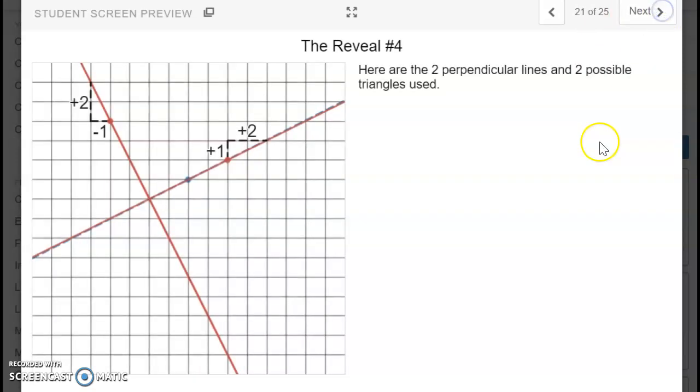Let's try that. I was spot on. Here are the two perpendicular lines and two possible triangles used. See, going from this point to that, I went to the left by 1, up by 2, so it's -1, +2. Here from this point to that, I went up by 1, to the right by 2, so that's 1, 2.